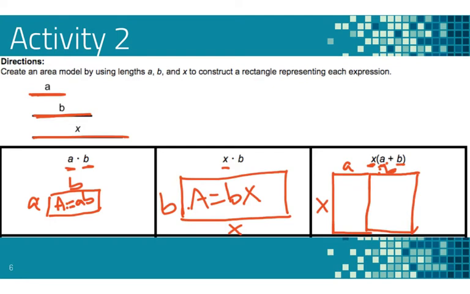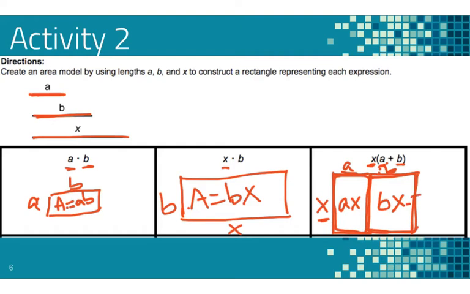So the area for this first rectangle would be AX. And for this second rectangle, it would be BX, because I'm saying A times X, just like length times width, and that gives me my area.